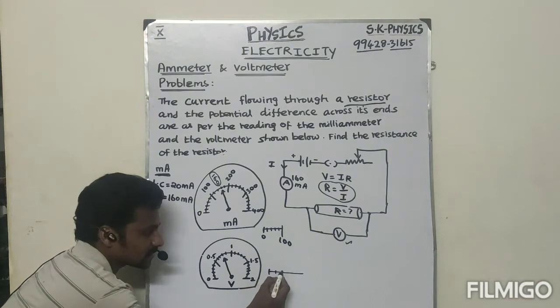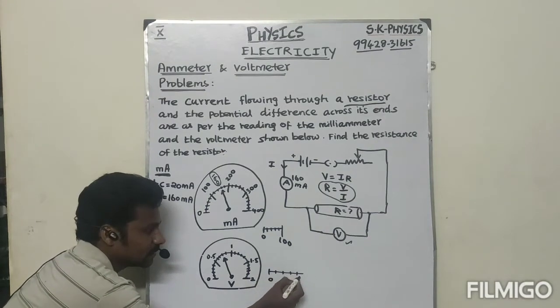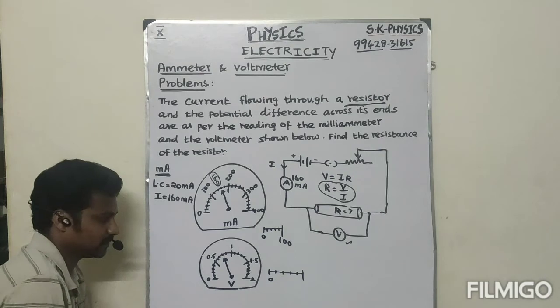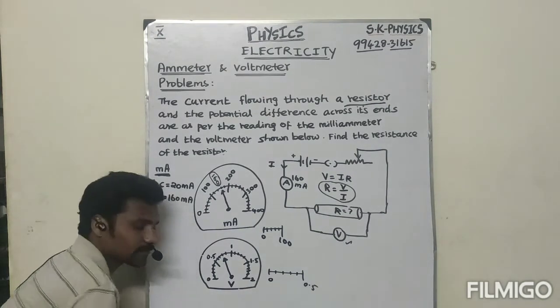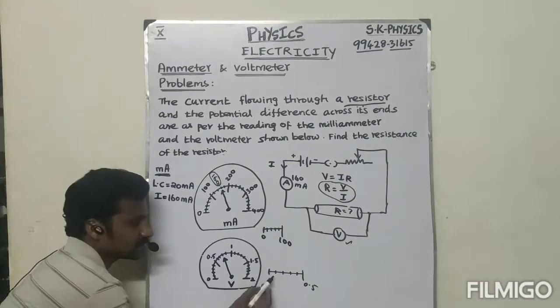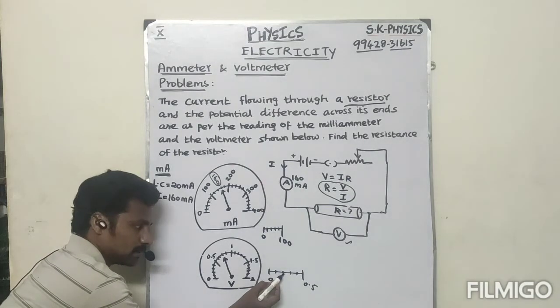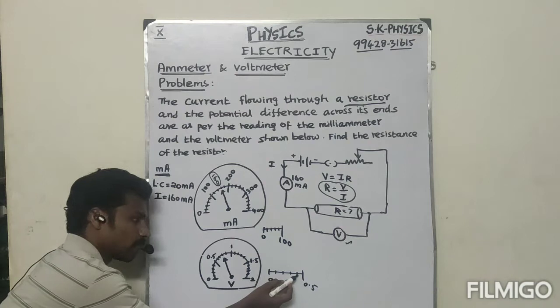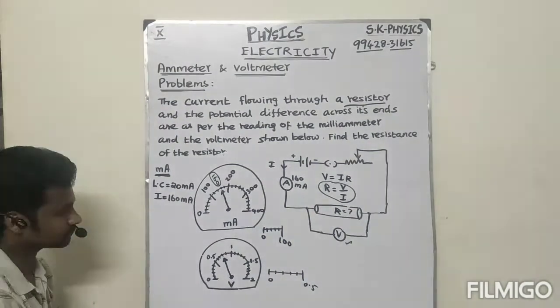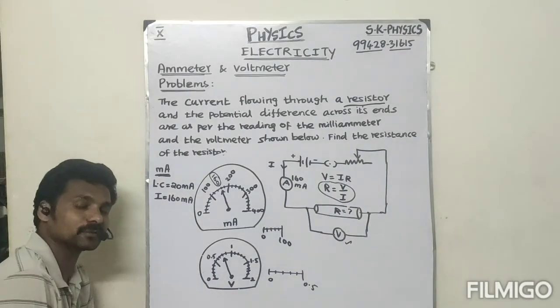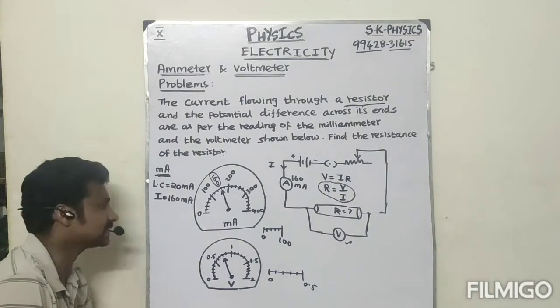So the fifth line, what is the reading? 0.5. So every division 0.1, 0.2, 0.3, 0.4 and 0.5. So every division value 0.1 is increasing.